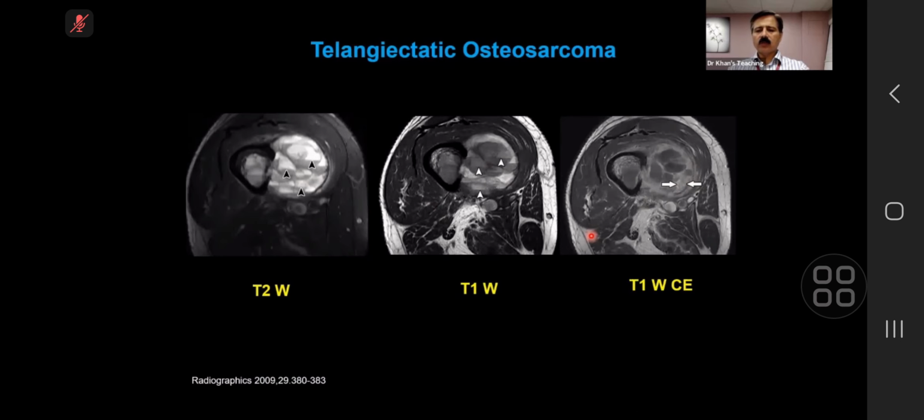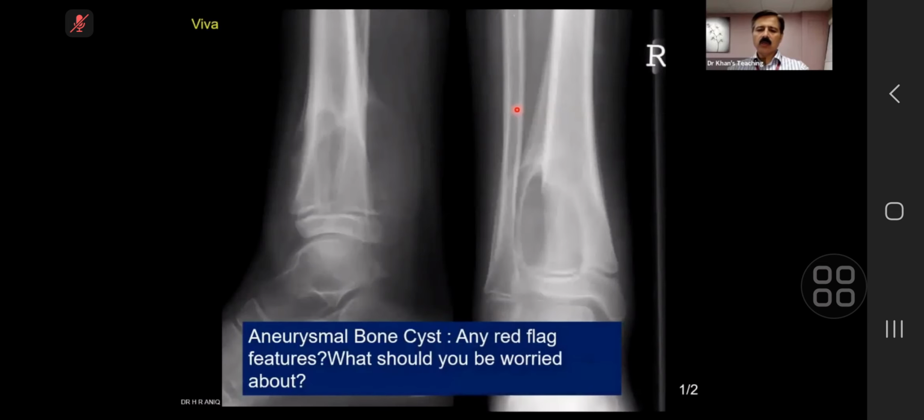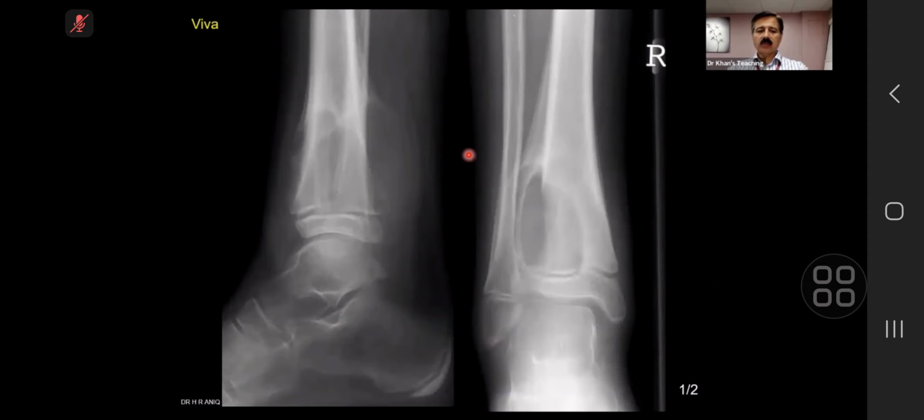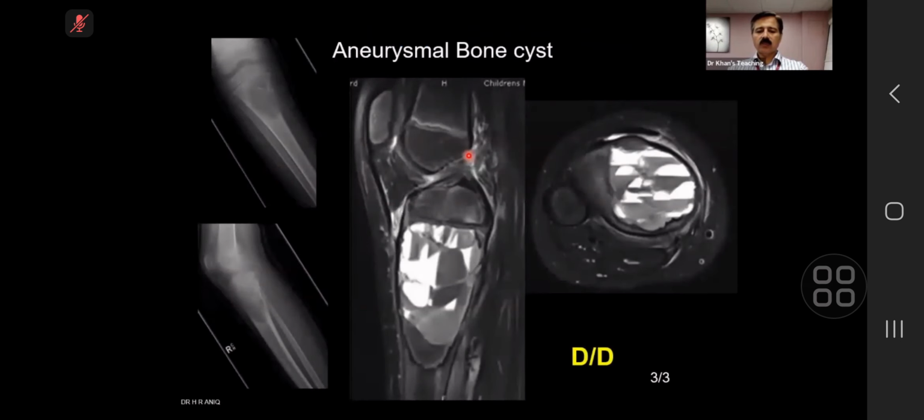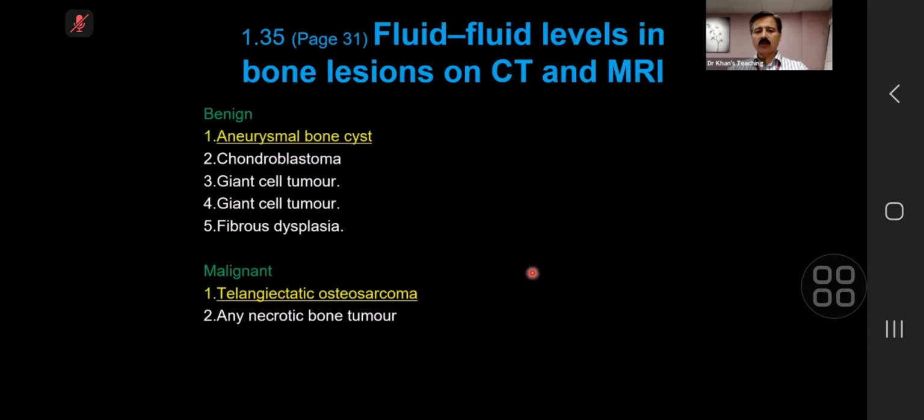And if they are worried about any solid component, they target it with a biopsy to rule out telangiectatic osteosarcoma. But in a 2B world, the case which will come to your exam will be a plain film. And here you have to raise that issue, that I'm worried that it looks like a bubbly lesion, but it has got some aggressive features. Here is an aneurysmal bone cyst, complete 100% fluid levels. We are not worried.